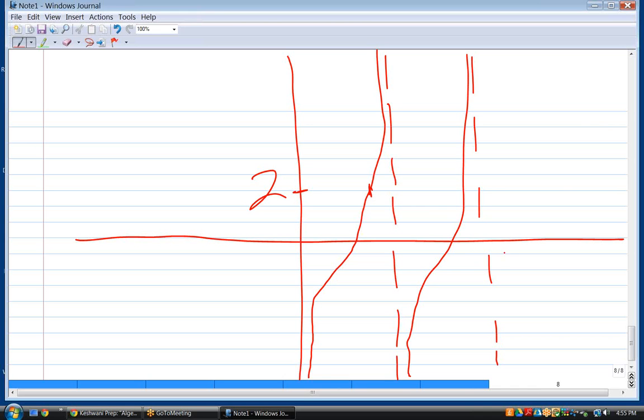Let me label it. No, let me label it different. See, that would be pi. So it would be 3 pi over 2. Okay, that's enough to label it.